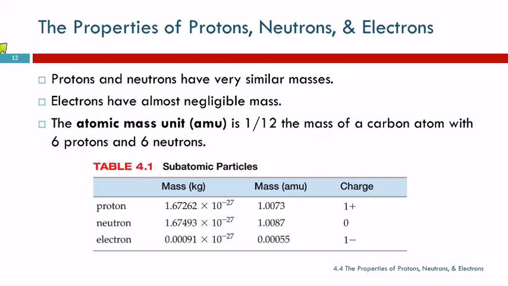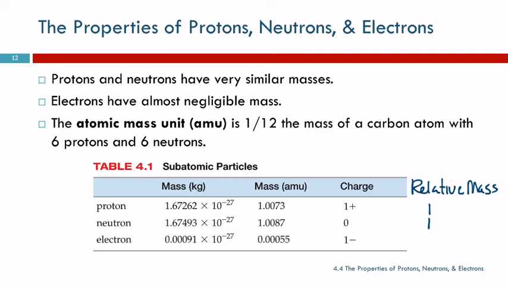Protons and neutrons have very similar masses. Let's make another column here. Relative mass. Because it's really the relative mass that's more important to us. The relative mass of a proton and a neutron are 1.